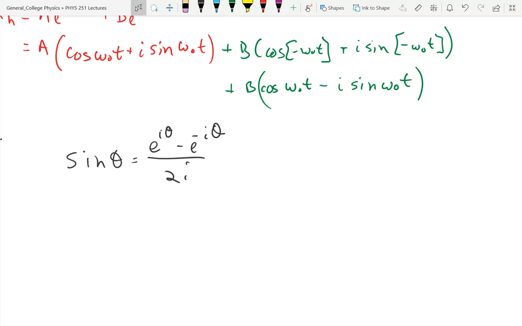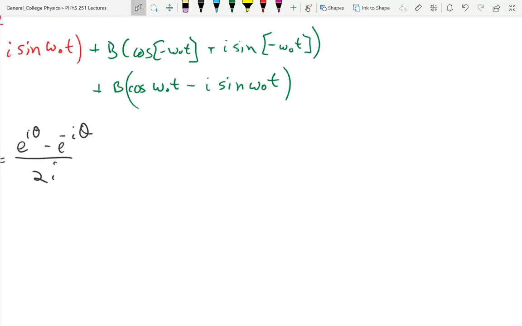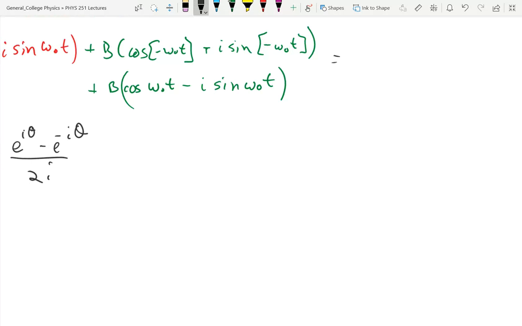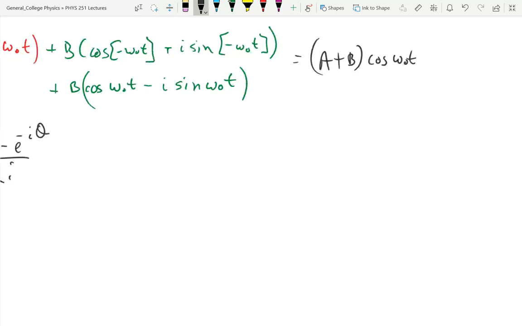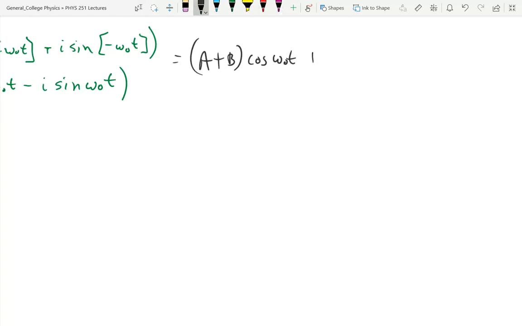So now if I take these, notice I have cosine omega 0t has a plus b. And sine has i times a minus b.